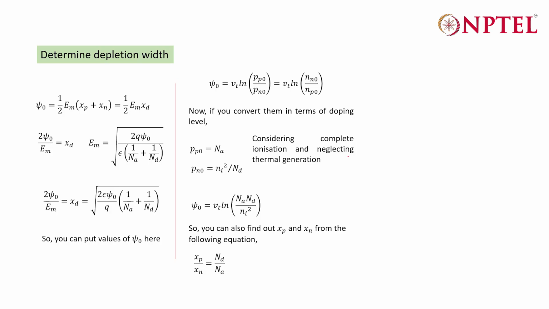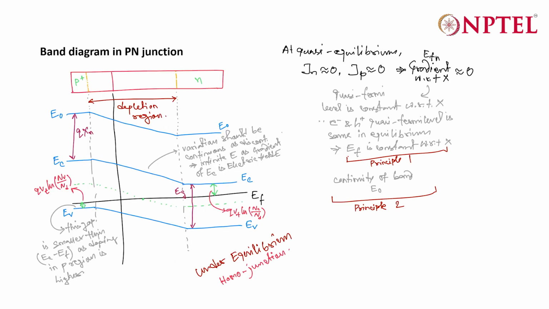So today we will start with band diagram in PN junction under equilibrium. So as we have said previously, the approach towards device analysis is first you divide the entire device into two different regions. For example, in this case, the device is divided into neutral region, and then you have space charge region, and here again you have a neutral region.